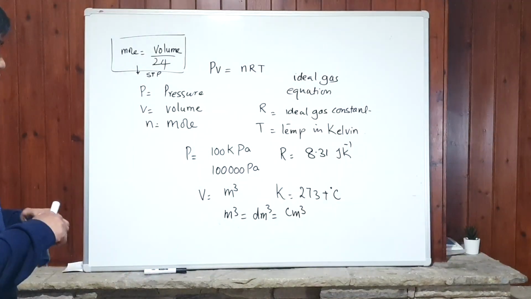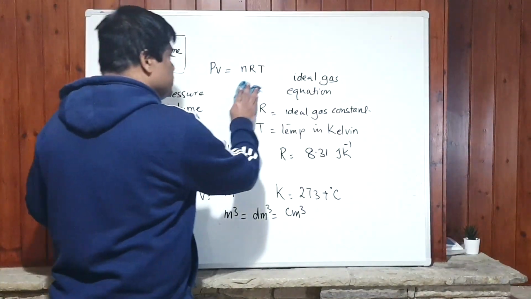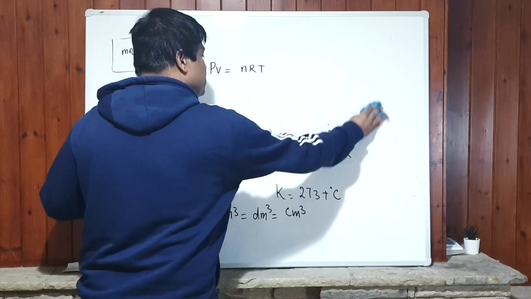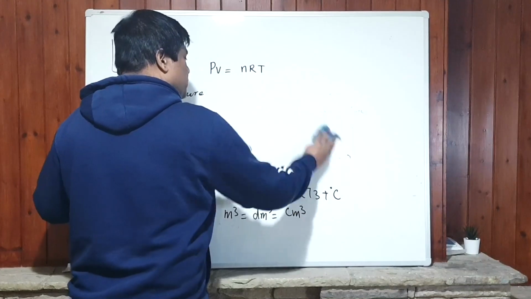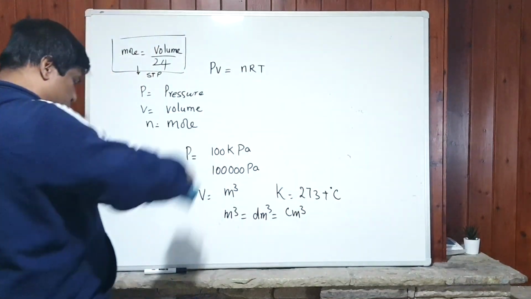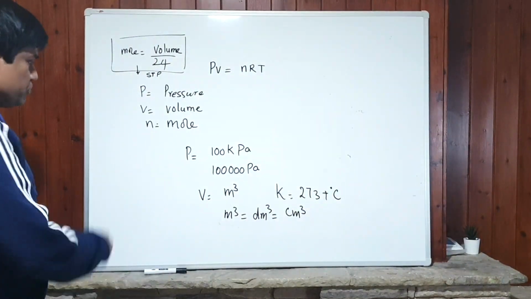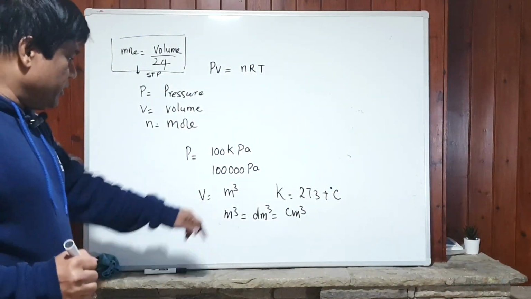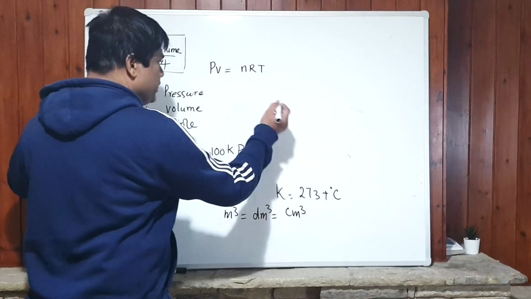Okay, let's see. How can we change meter cube to centimeter cube, first of all meter cube to dm cube, and dm cube to centimeter cube. Look at the meter cube to dm cube.